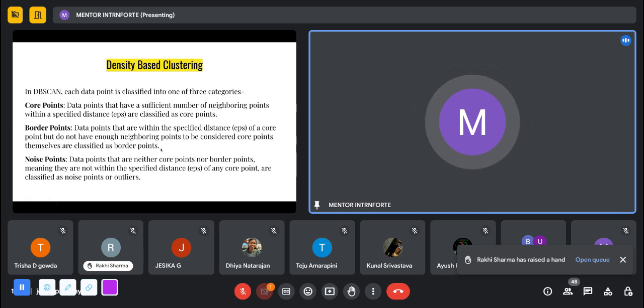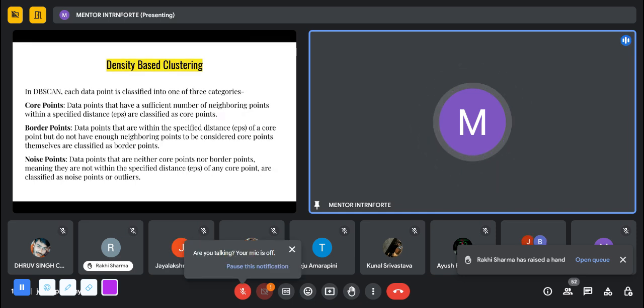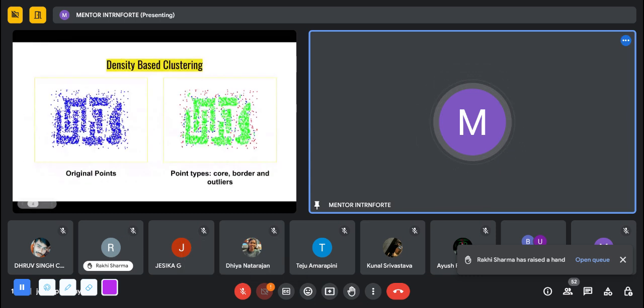So border points are the points which were candidates for core points but couldn't become core points. They are border points because they couldn't satisfy the min points criteria. And noise points are the points that are neither core nor border points, meaning that they are not within that specified epsilon distance of any core point. They are classified as noise points or outliers. So that is where the speciality of DBSCAN comes.